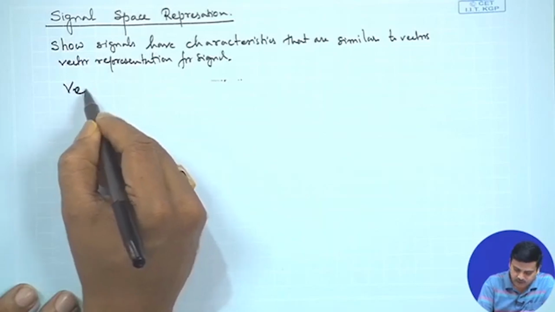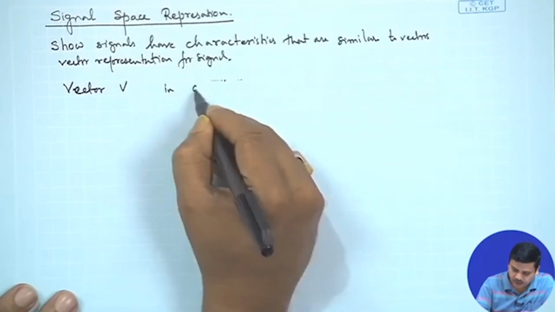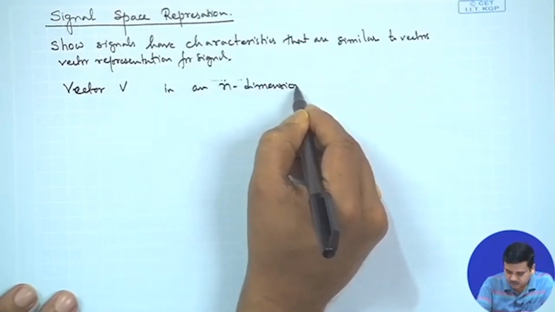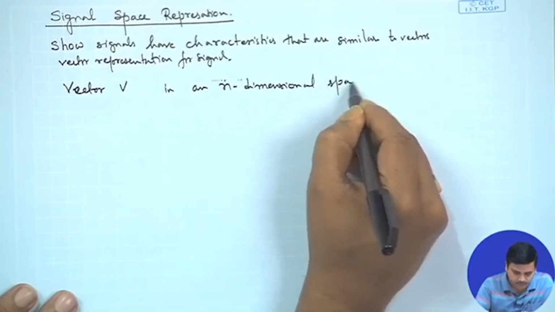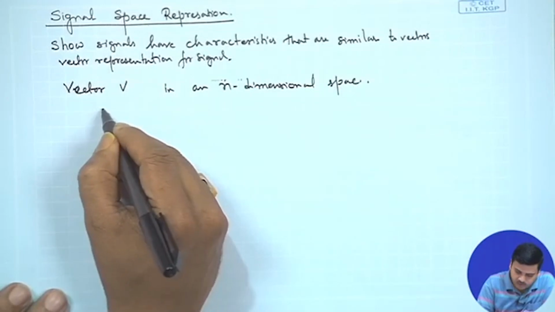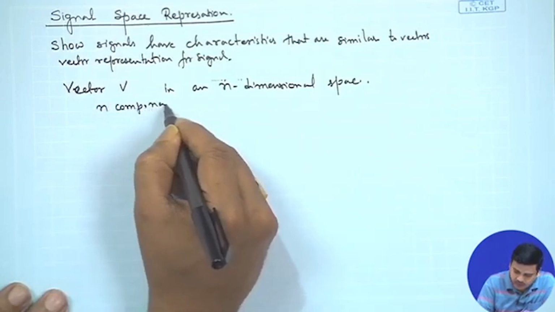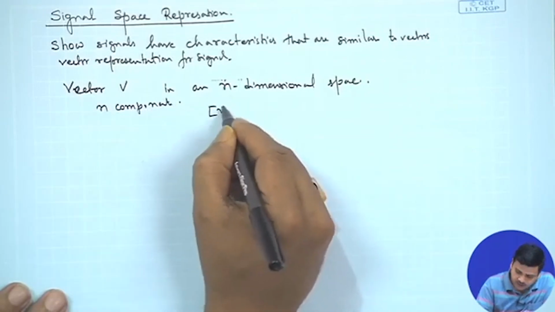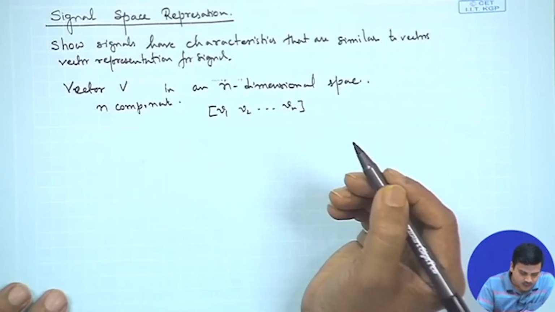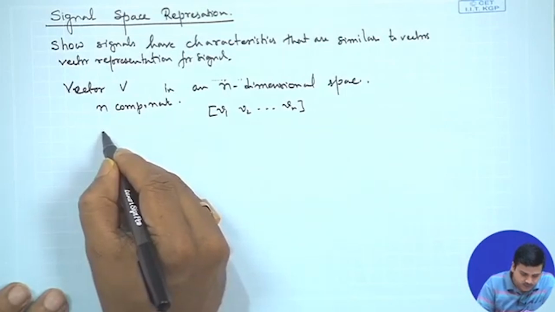Let there be a vector v in an n dimensional space, and it is characterized by n components. So, you would have the n components like v1, v2 up to vn, and it is also represented as a linear combination of the vectors.